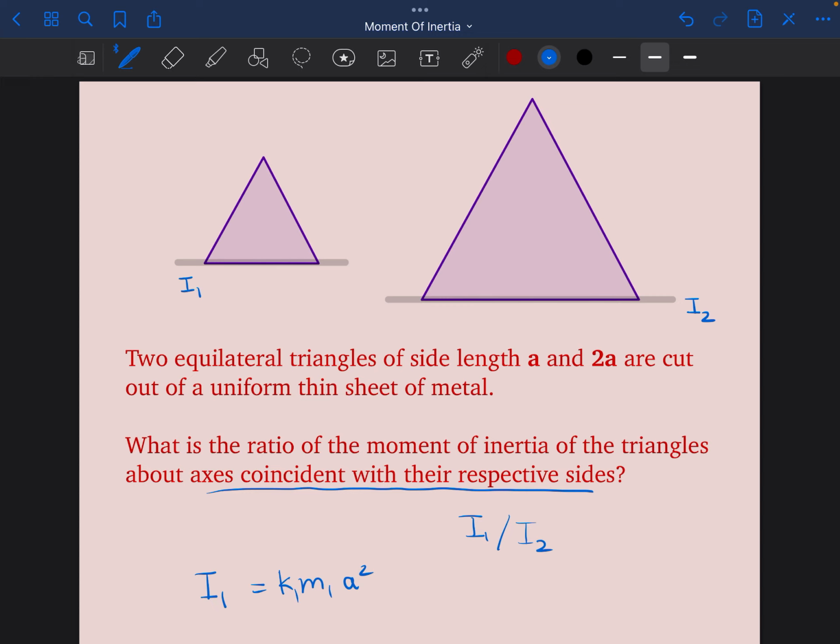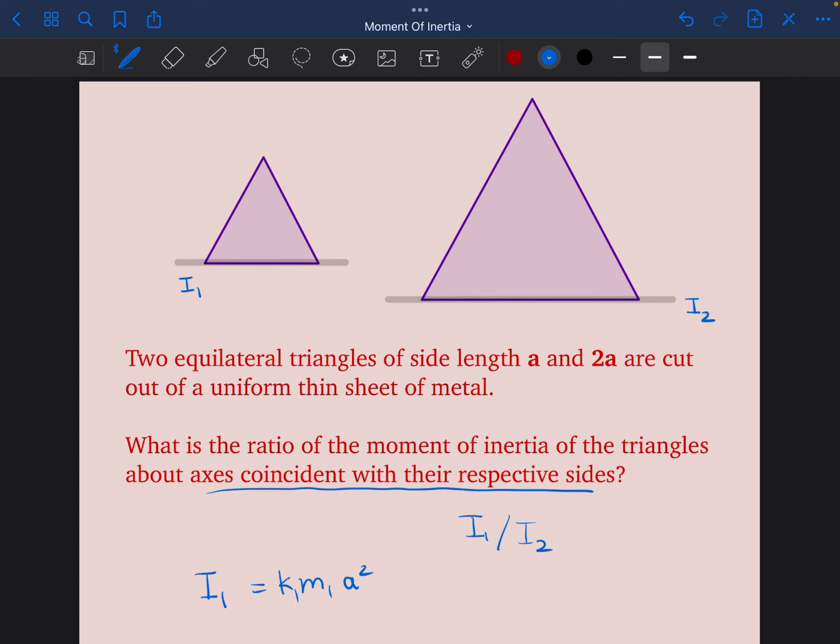So we have all studied moment of inertia, and we know that the result for moment of inertia is always in the form of some constant times the mass of the body times the square of some length related to the body, right?